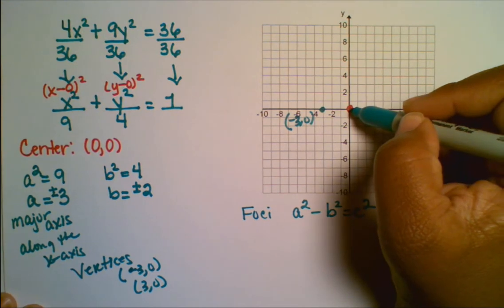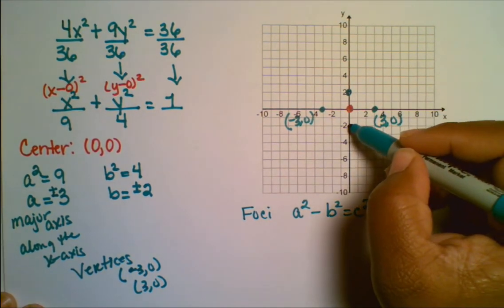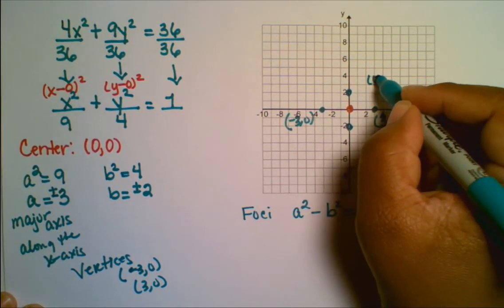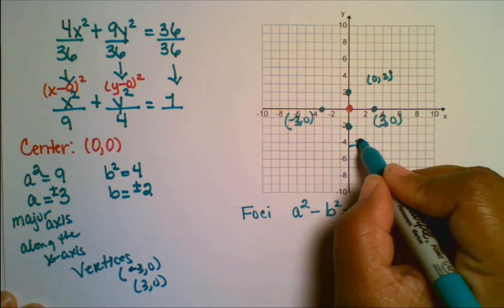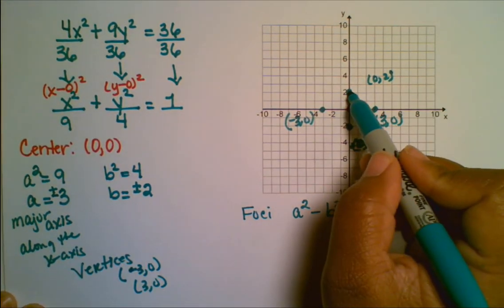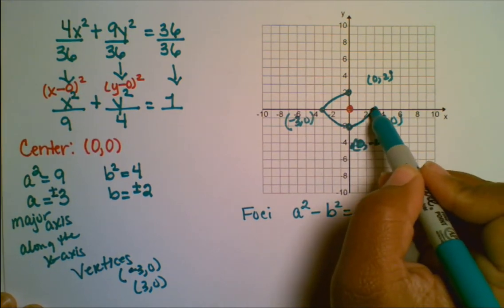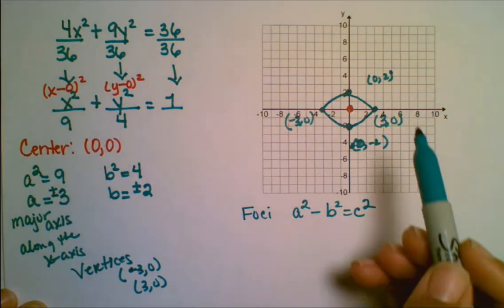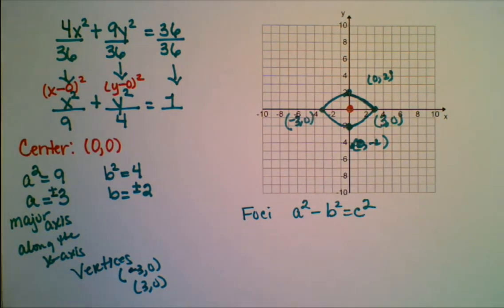Go up 2 units, 1, 2, and then down 2 units. And then we connect. My graph is not perfect. It looks like a mini football, but that will be our ellipse.